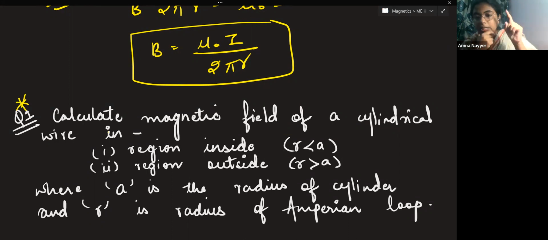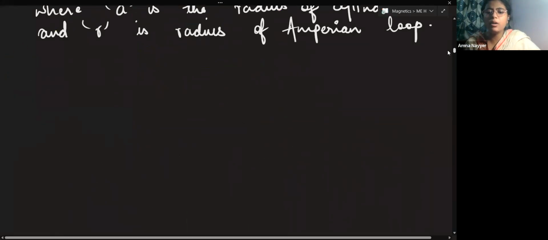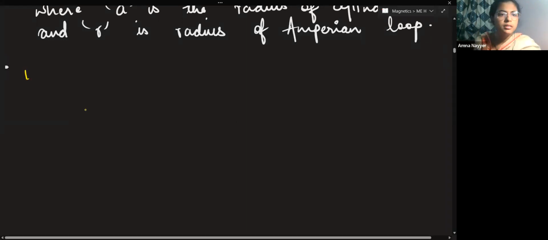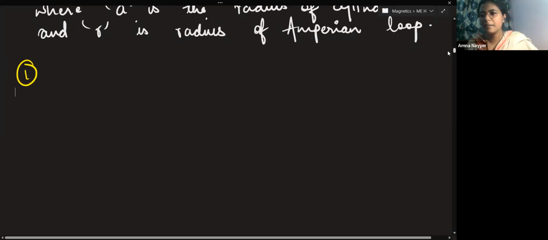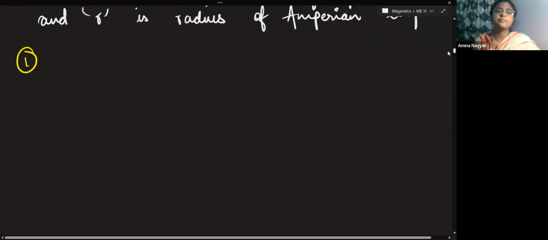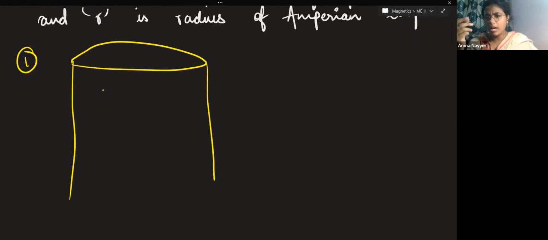Now see, there are two regions for a cylindrical wire. Let's say, let me draw a very broad diametered cylindrical wire. First case is inside. This is the same wire, the thin wire that we drew.